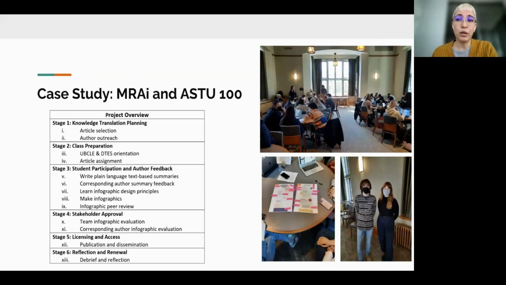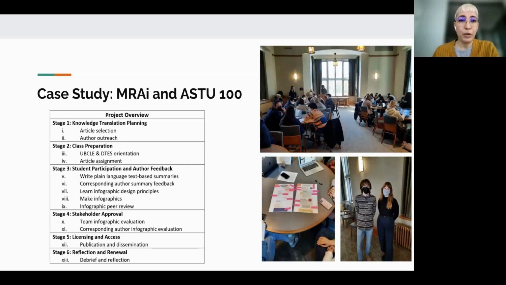And then upon submission, the excellent ones were passed on to the corresponding authors for consent and further revision before publication on the RAP, the Research Access Portal. At this point, authors might further revise the language and might have suggestions for visuals and visualization strategies that we take back to our students. And the result is an infographic we hope does credit to the author's work, while it also creates a space for student ingenuity and talent.